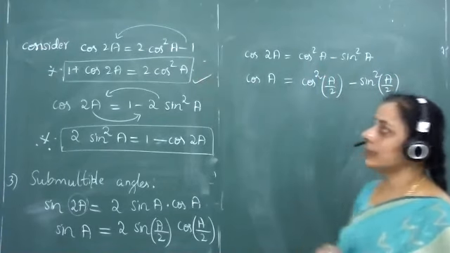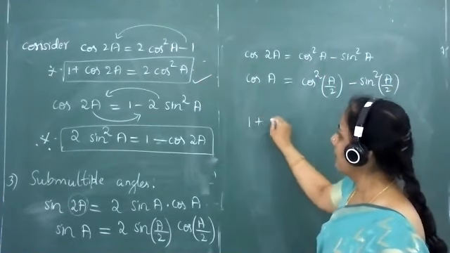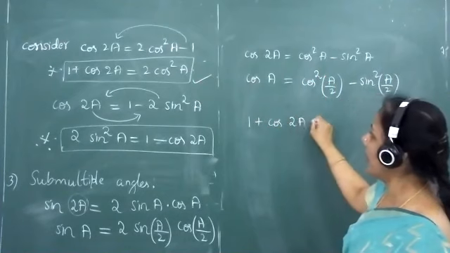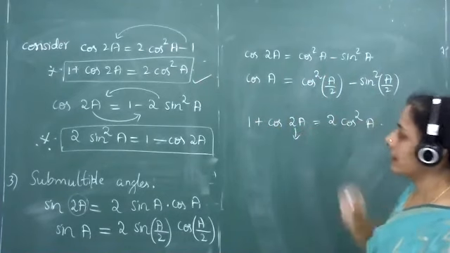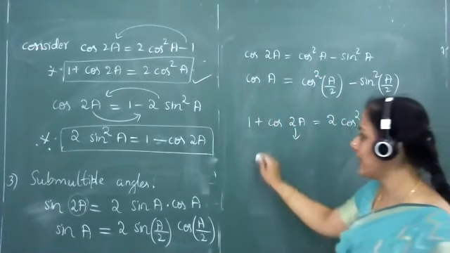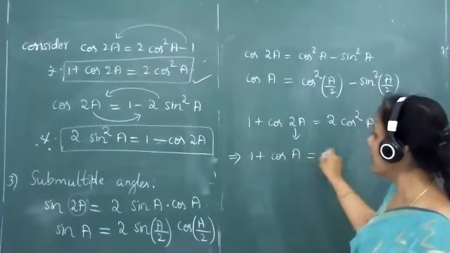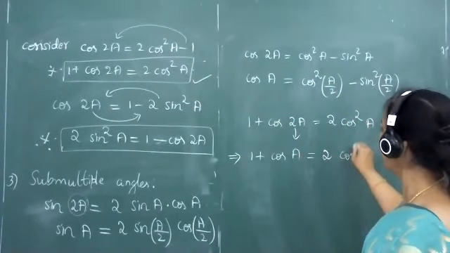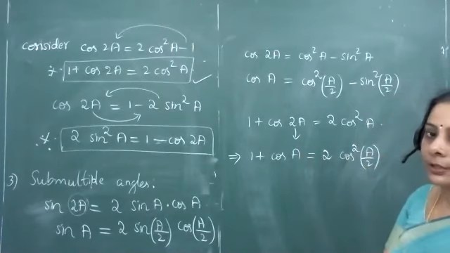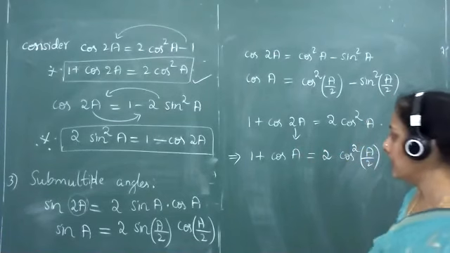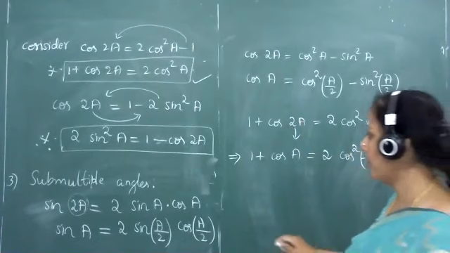Now let us use the remark that we have already considered. I take 1 plus cos 2a as equal to 2 cos squared a. So here, if the angle 2a is replaced as angle a, then it will be yielding us 1 plus cos a as equal to 2 cos squared. Angle a should get halved, so that you have 2 cos squared a by 2 in the RHS. This is the deduction of the 1 plus cos 2a form.